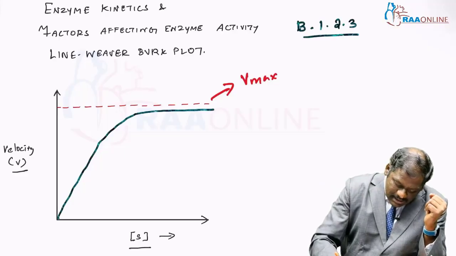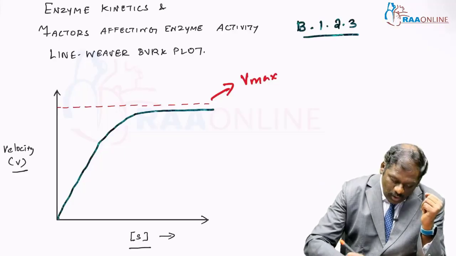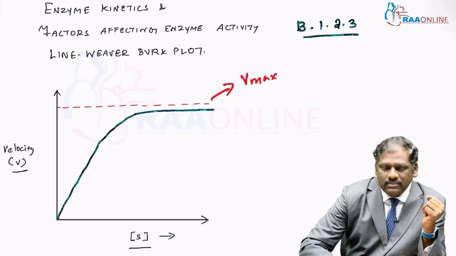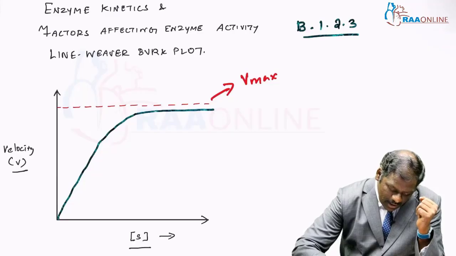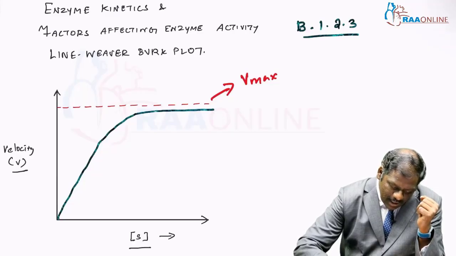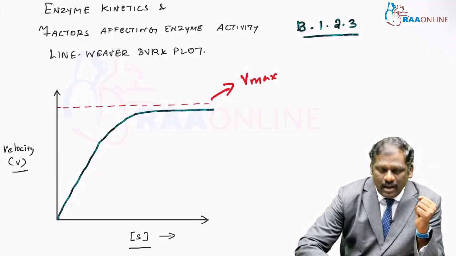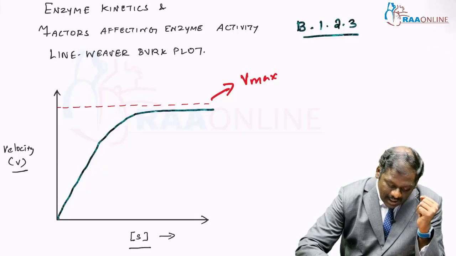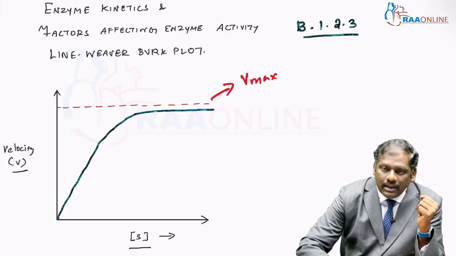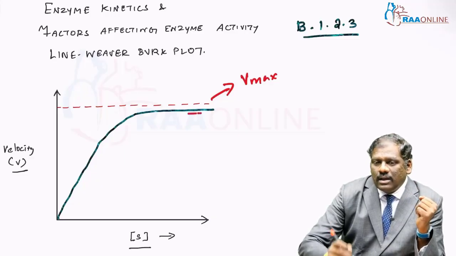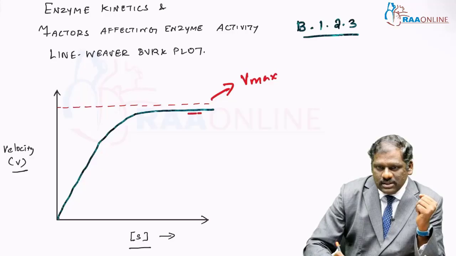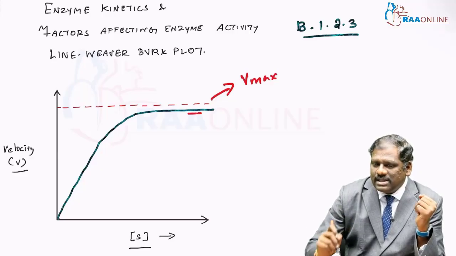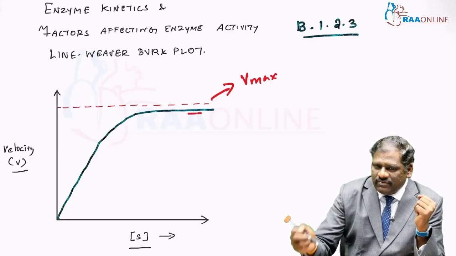And this small s is substrate concentration. So, up to a certain point, when you increase the concentration of the substrate, the line appears to be linear. But after that, the line has curved up and it has become stable. It means what? The velocity is not going to change even if you increase the substrate concentration further.